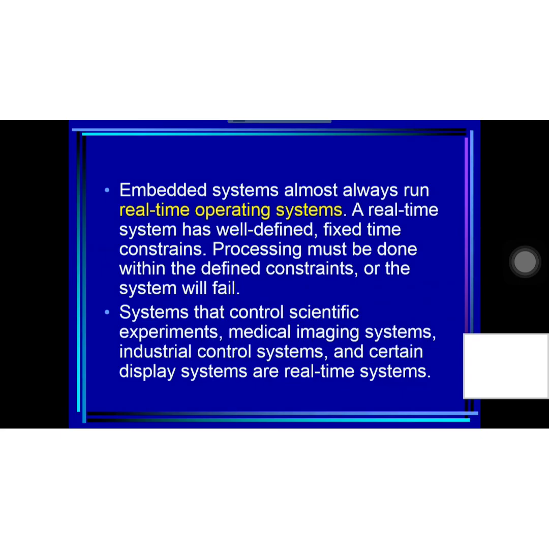Sensors bring data to the computer. The computer must analyze the data and possibly adjust controls to modify the sensor inputs. Systems that control scientific experiments, medical imaging systems, industrial control systems, and certain display systems are real-time systems.